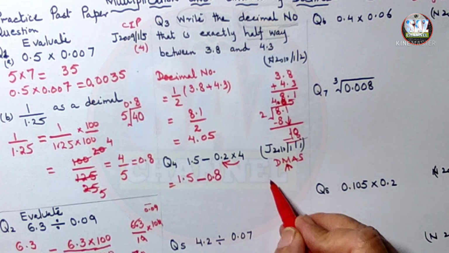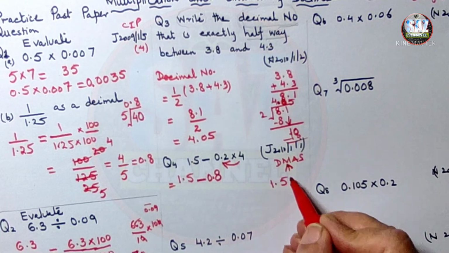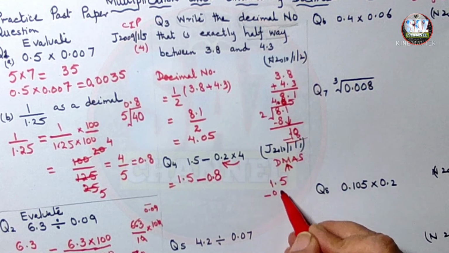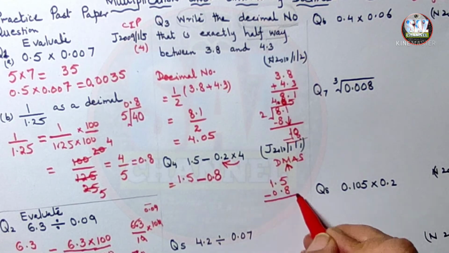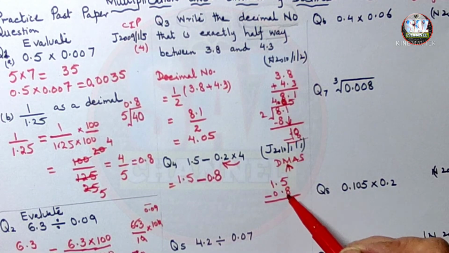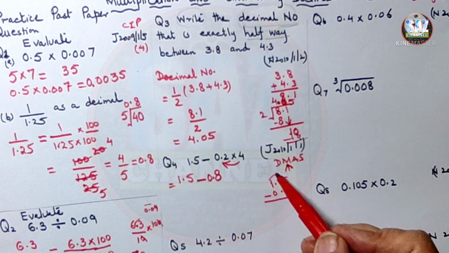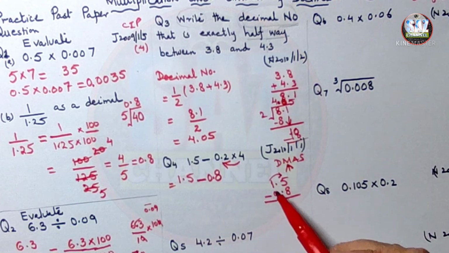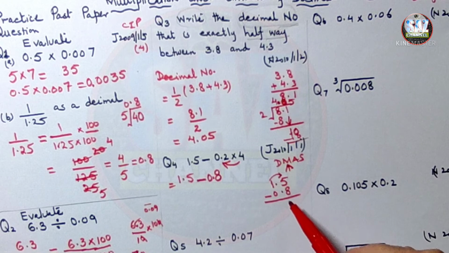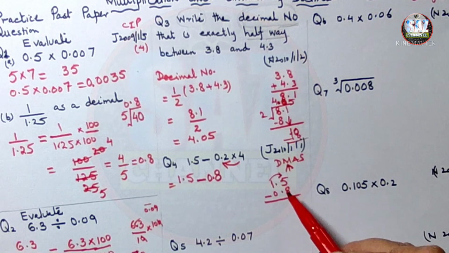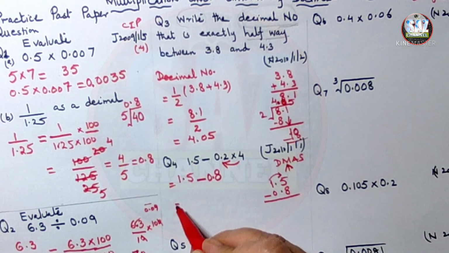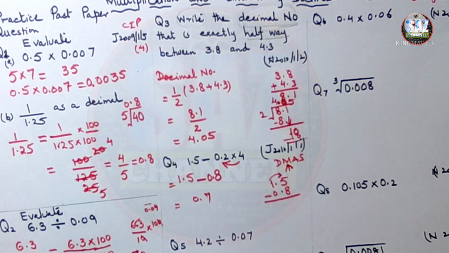Then I have to subtract 0.8 from 1.5. I cannot take away 8 from 5, so I take 1 from here, so it becomes 15, and 15 minus 8 is 7, so 0.7. I hope you are clear about this.